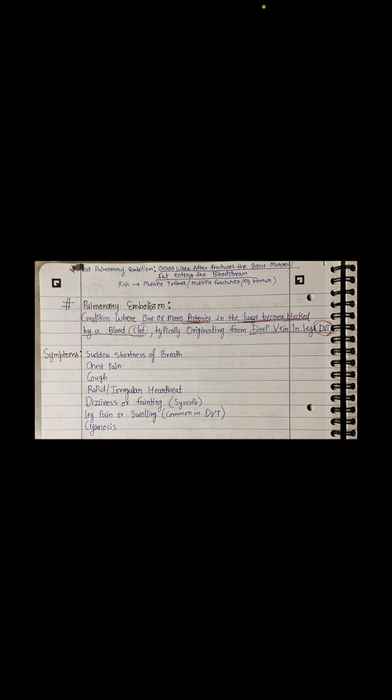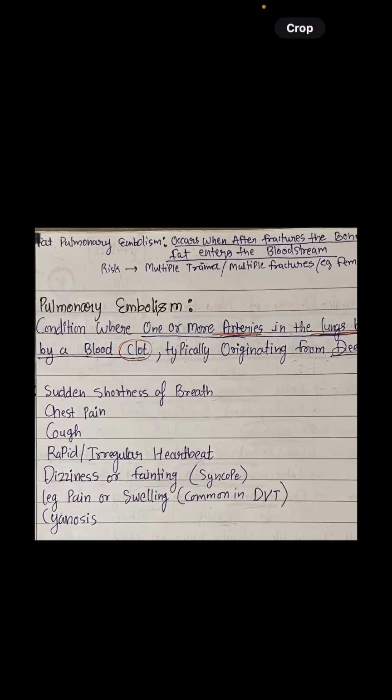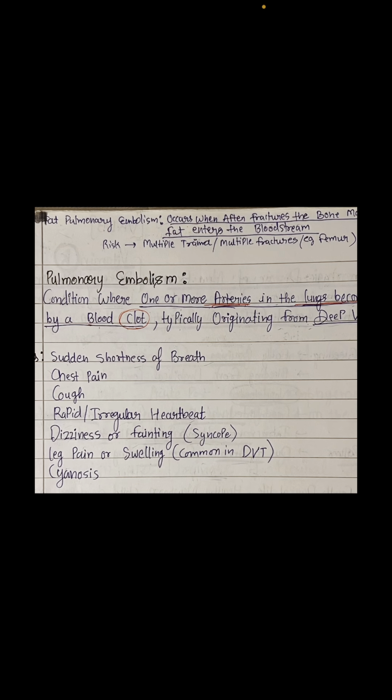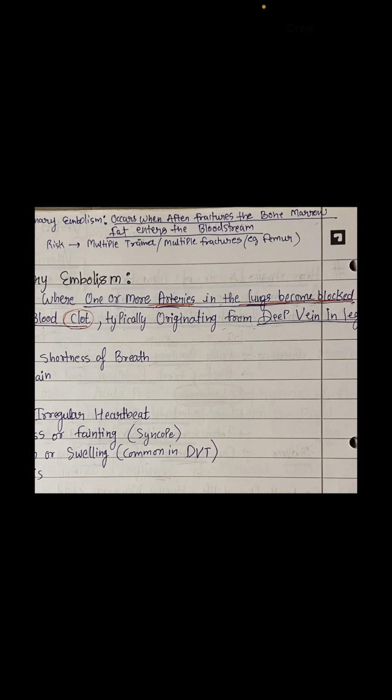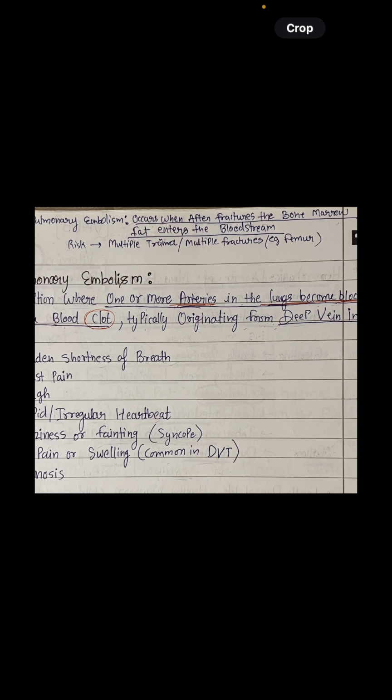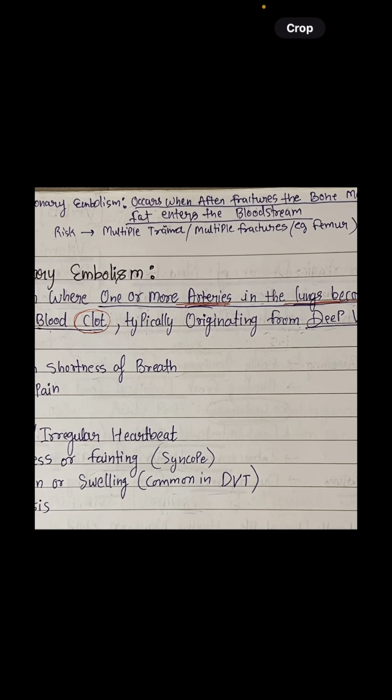Next is fat pulmonary embolism. First of all, let's see the definition of it. Fat pulmonary embolism occurs when there are a lot of fractures involving the bone marrow. What happens is the fat from the fractured site or from the bone marrow starts to enter the bloodstream. How can such a thing happen?